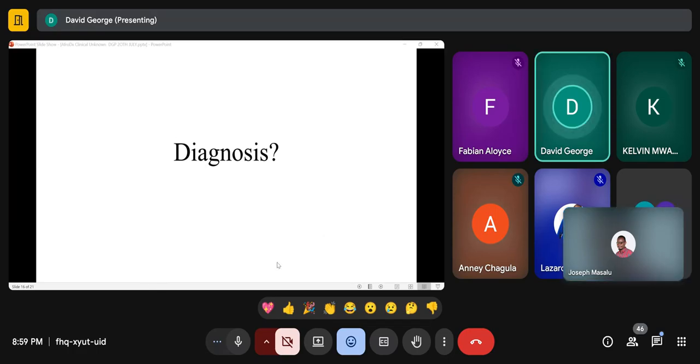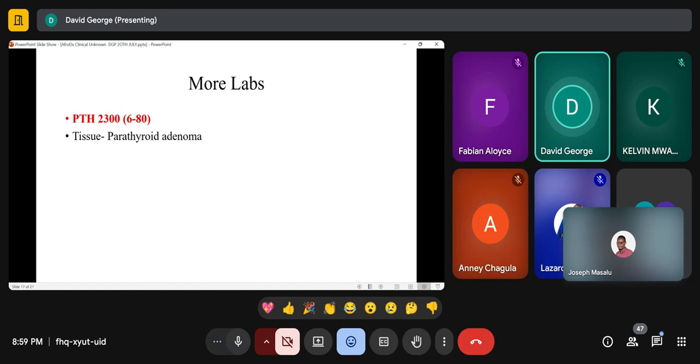Thank you, Joseph. So I'll post some more data here and reveal the final diagnosis. At some point you talked about the PTH. The PTH was highly elevated, 2300, with an upper limit of 80.